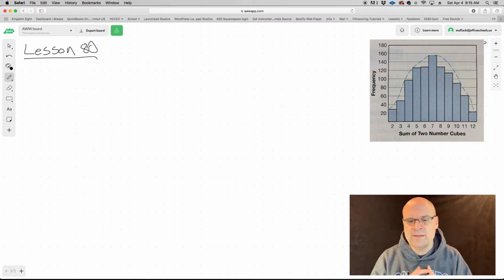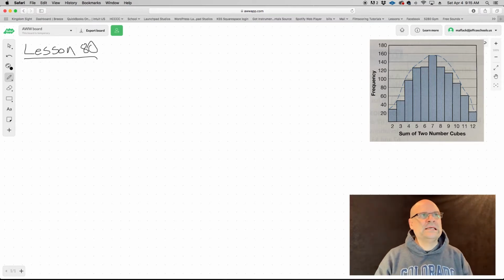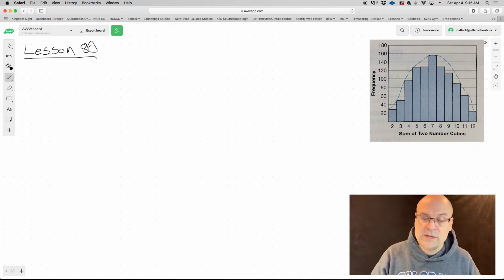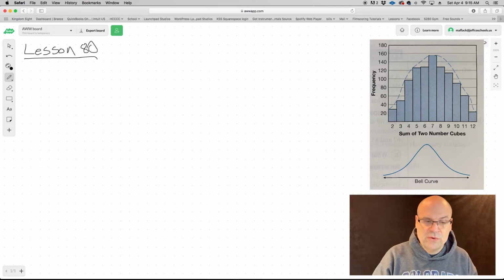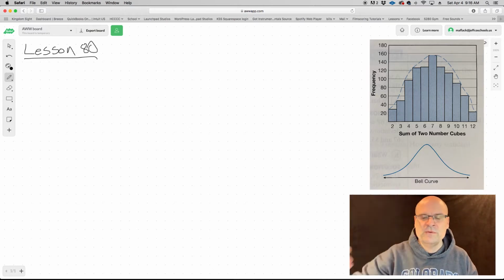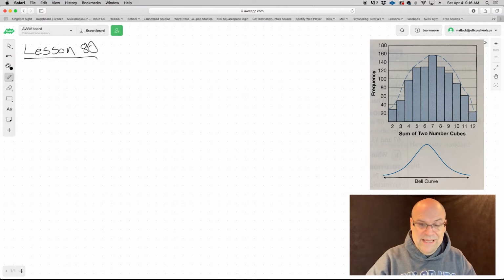It creates a histogram that looks kind of like a mountain. We call this shape a bell curve. If you were to draw a line over the tops of all these bars, it would form a bell curve. So data that forms a bell curve is what we call normal distribution.